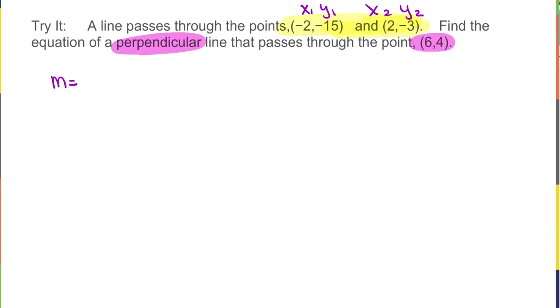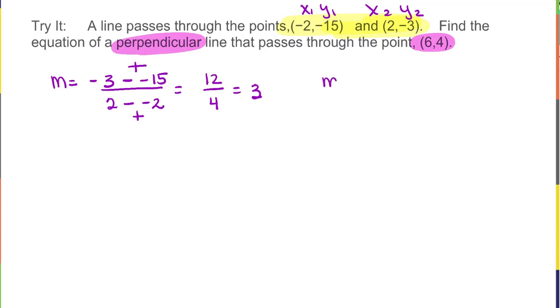So slope is y2, which is negative 3, minus y1, which is negative 15, over x2, which is 2, minus x1, which is negative 2. So negative 3 plus 15 is 12, and 2 plus 2 is 4, so my slope is 3 for the line that passes through negative 2, negative 15, and 2, negative 3.